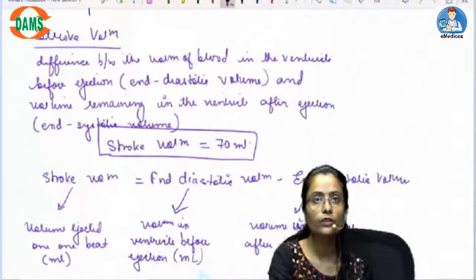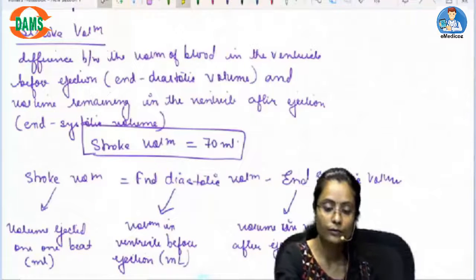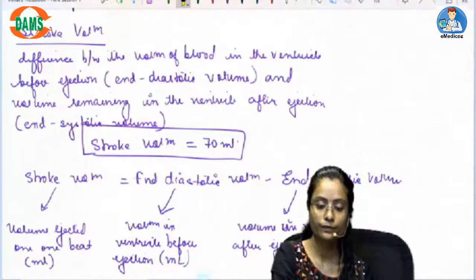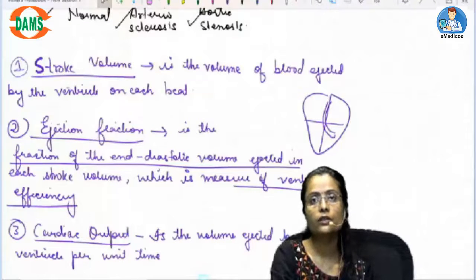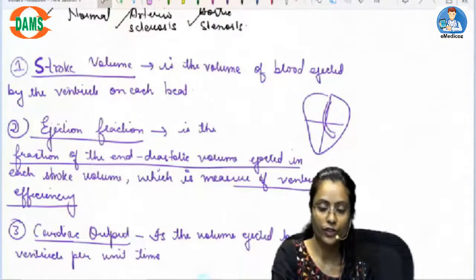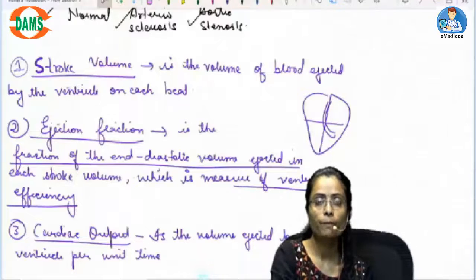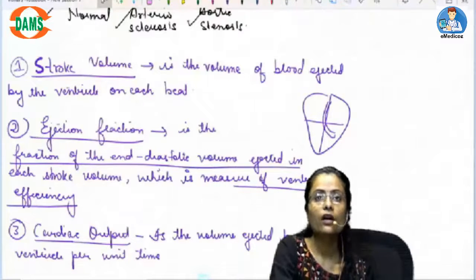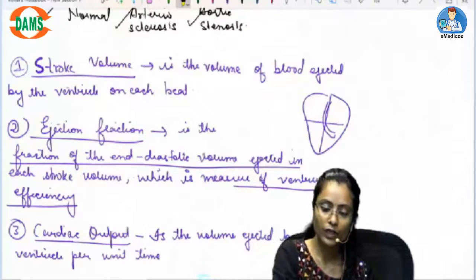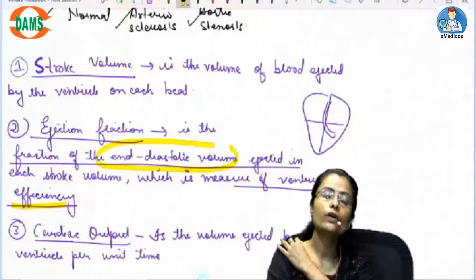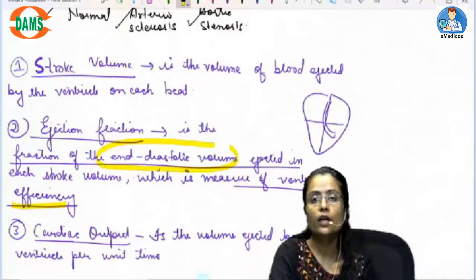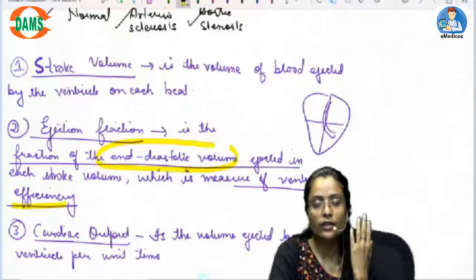So if we study the total aspect, what are the parts we have dealt with? Stroke volume is the volume ejected from the left ventricle on each single beat. Ejection fraction is the fraction of the end diastolic volume ejected at each beat, which is the efficiency, meaning what is the leftover blood after the stroke volume.